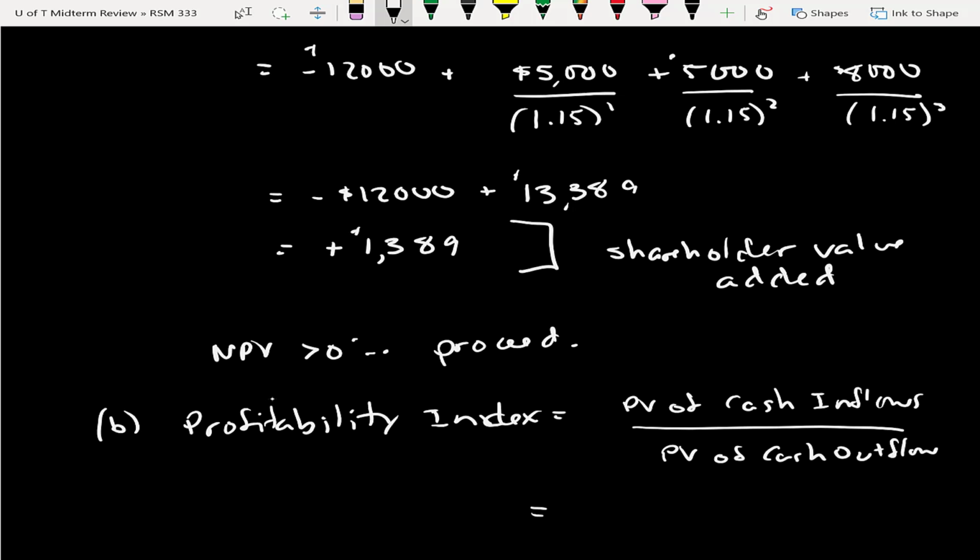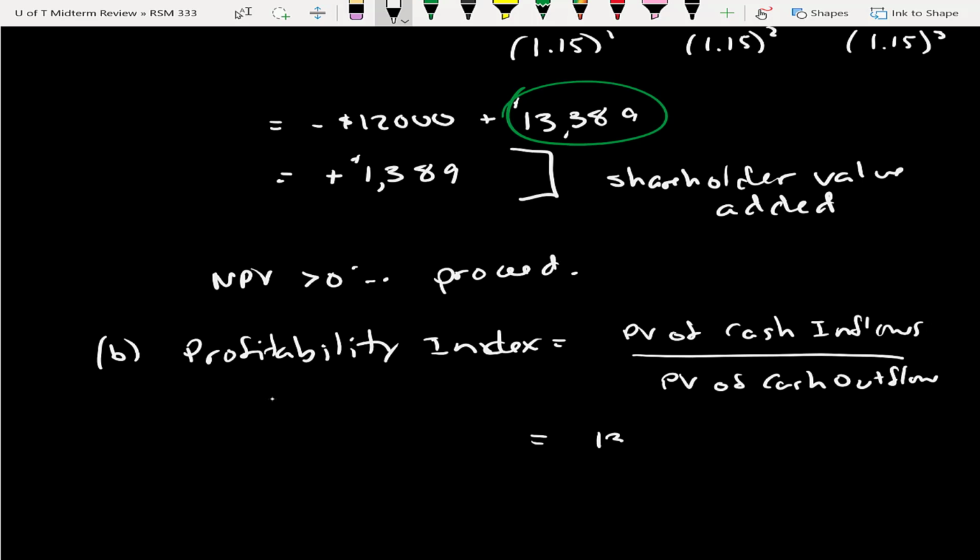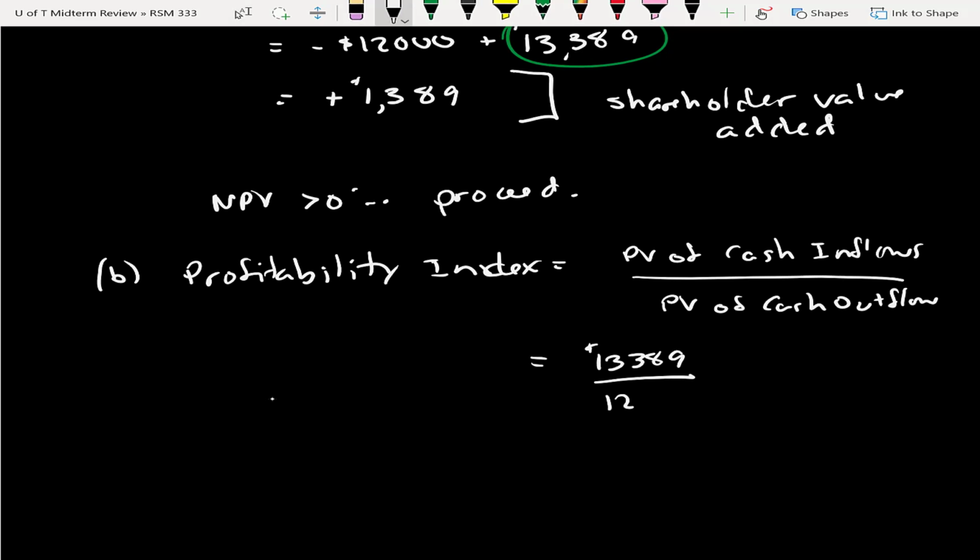And the present value of the cash inflows, we just calculated up here. Okay, so it's 13,389. And cash outflow is just going to be the cost of the investment, which is 12,000.